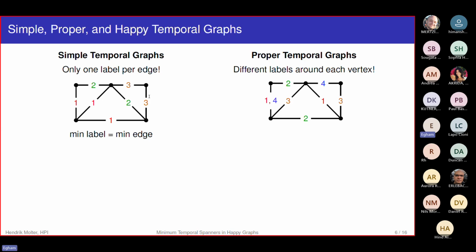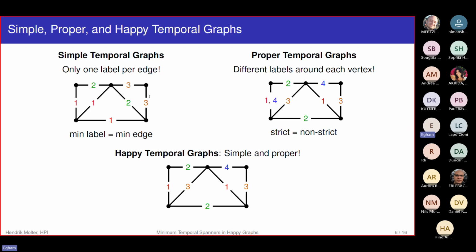If you look at it for a little bit, you will realize that there's no vertex that has two incident edges with the same label. What does it mean for a proper temporal graph? It means essentially that every snapshot or every layer, however you want to call it, is a matching. So you can never go more than one step at one time, which means there's no difference between strict and non-strict connectivity. Now we call temporal graphs happy if they're both simple and proper, like in this example here.